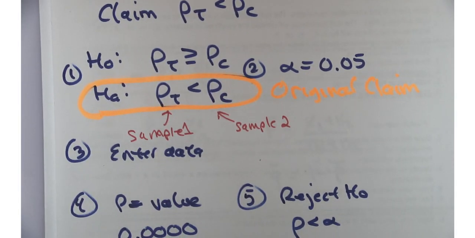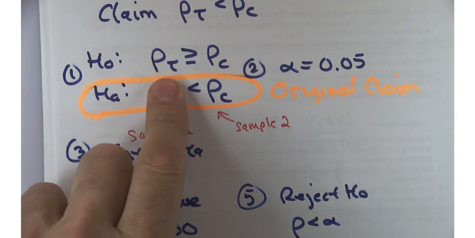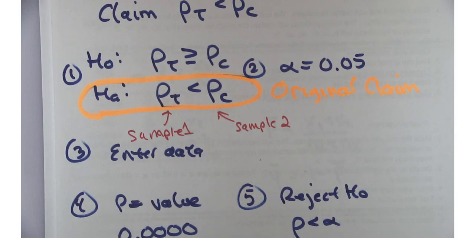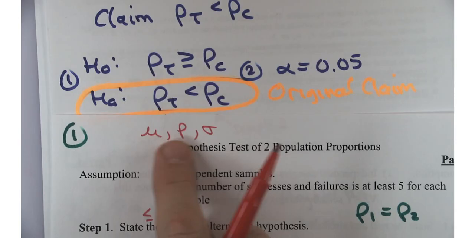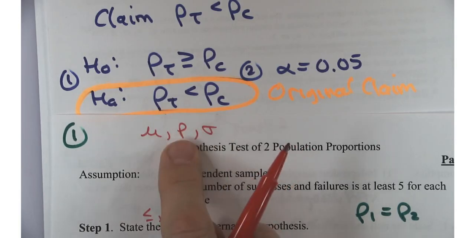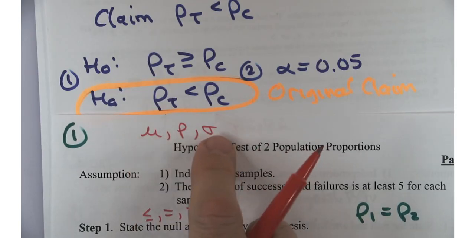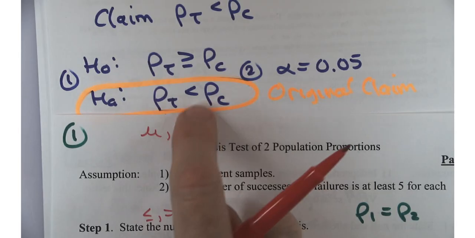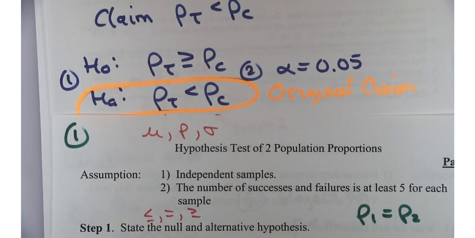First of all, when you set up your null and alternative hypothesis, H naught should contain one of these three symbols: mu, p, or sigma. All right. If you put in a p hat or an x bar or an s, you're going to lose points. The other thing I look for is that these symbols are pointed in the right direction.